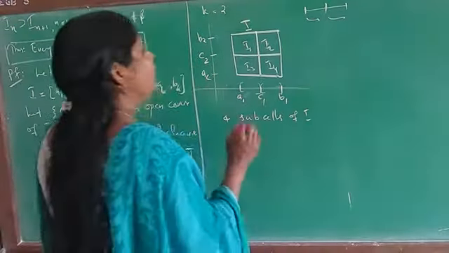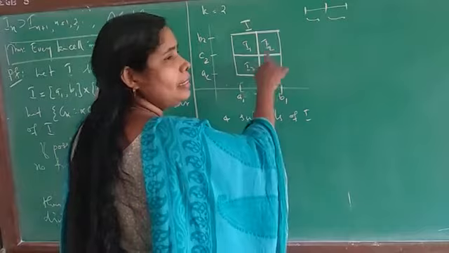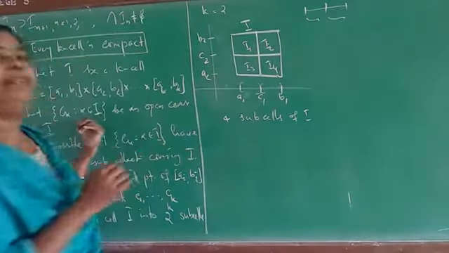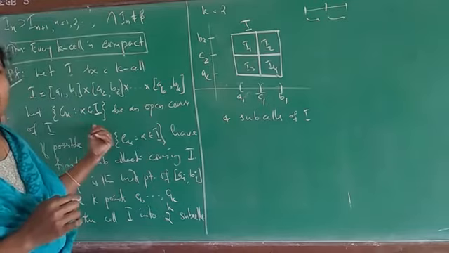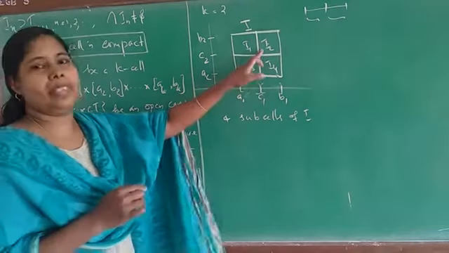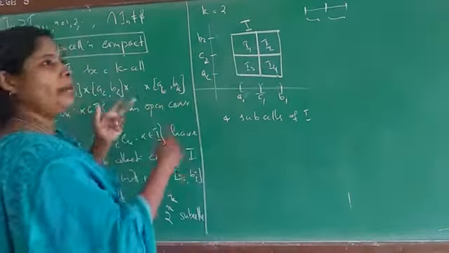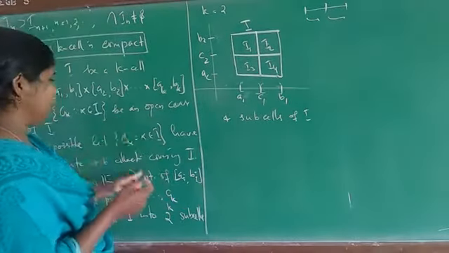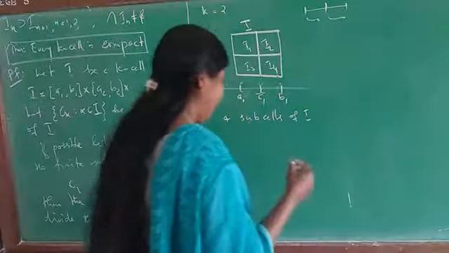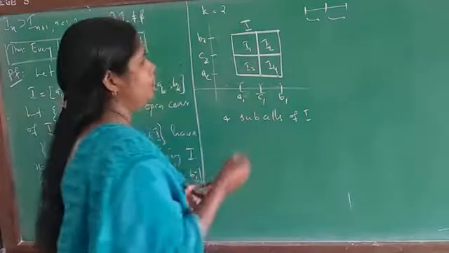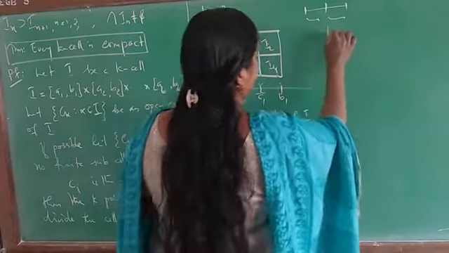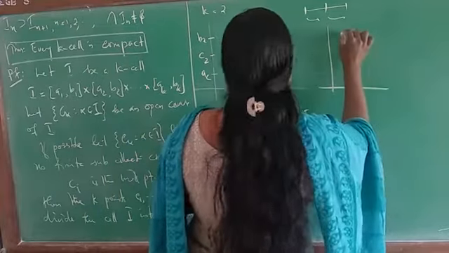Okay, so there is at least one subcell which is not covered by any finite subcollection of G alpha. Because of this assumption we can say at least one subcell is like that. Suppose it is I2.